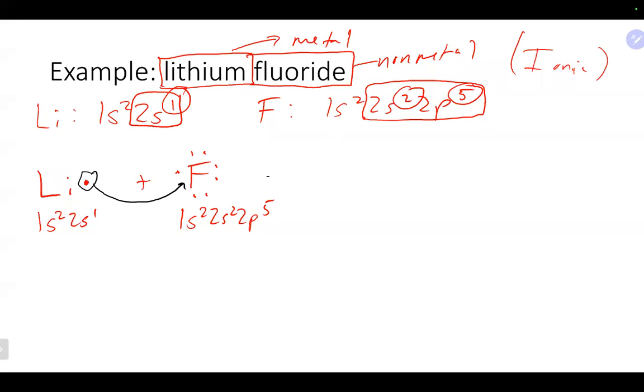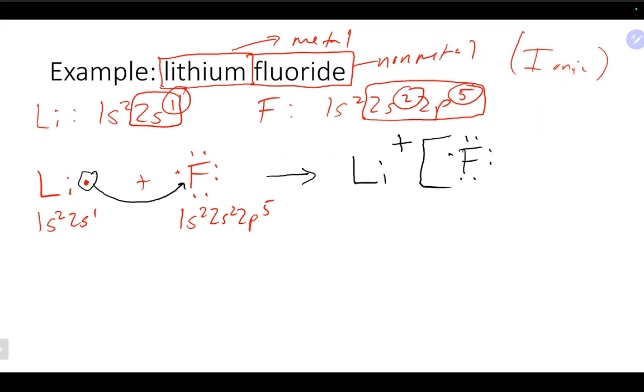The result is that lithium has now lost an electron, and at this point it becomes positively charged because it lost an electron. The fluorine in this case started with 7 electrons, and it picks up that 1 electron from the lithium and now gains a negative charge.